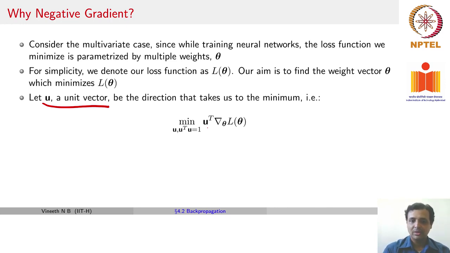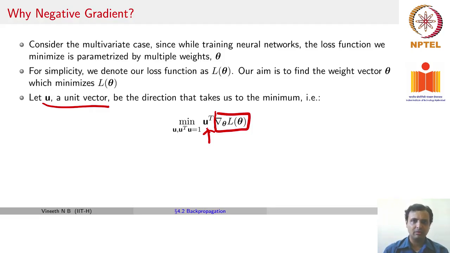We have the gradient, grad sub theta of L of theta, and we know that some component of the gradient may help us go to the minimum. Mean square error was one such loss function, but it may not be the only loss function for a neural network. There could be other loss functions that you minimize the parameters with respect to. Let's just call that L of theta and the gradient grad sub theta L of theta.